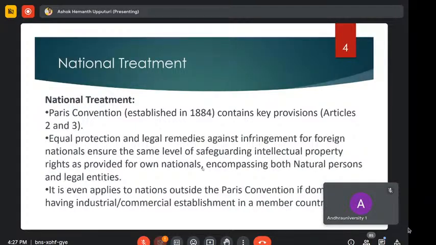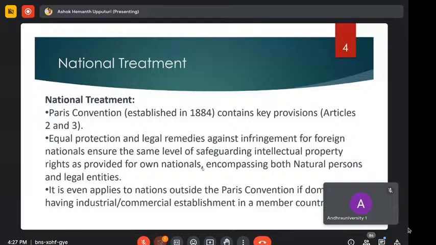It even applies to nations outside the Paris Convention if domiciled or having an industrial or commercial establishment in a member country. For example, in India, there is an industry or commercial establishment, or there is a person who is from, let's say, Uganda, a non-member country.